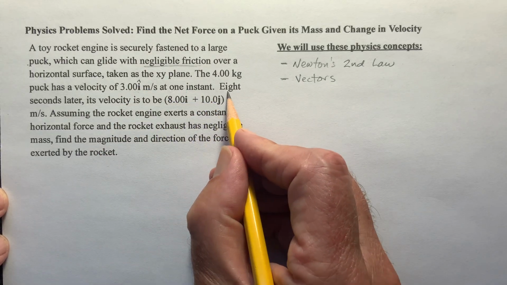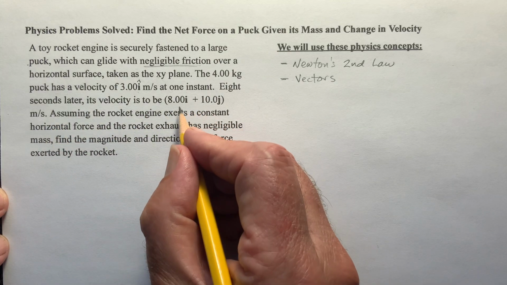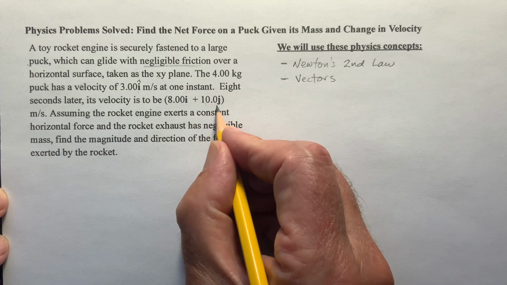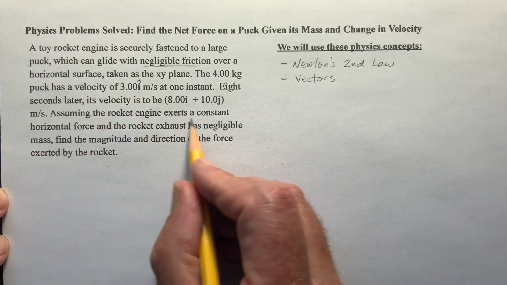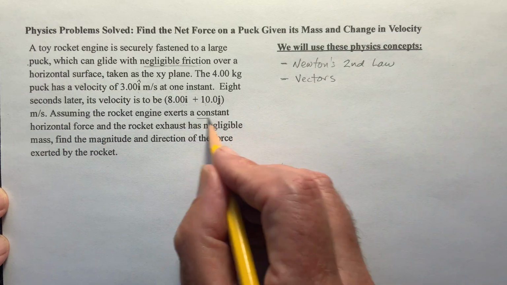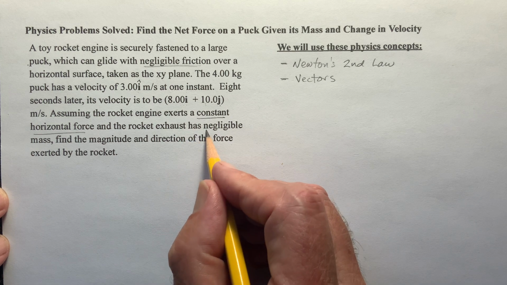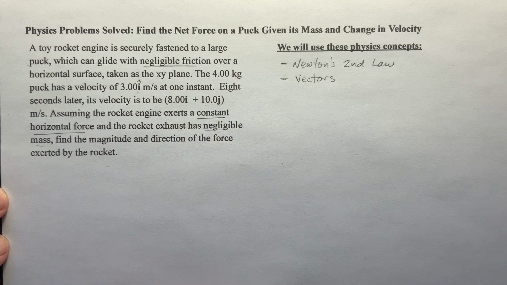At one instant. 8 seconds later, its velocity is to be 8 meters per second in the x direction and 10 meters per second in the y direction. Assuming the rocket engine exerts a constant horizontal force and the rocket exhaust has negligible mass, find the magnitude and direction of the force exerted by the rocket.